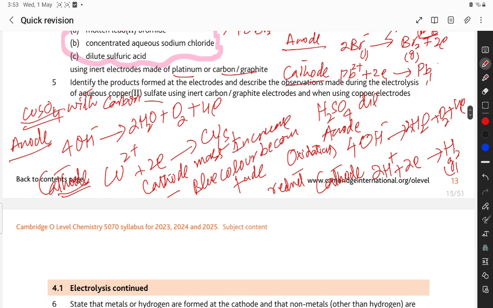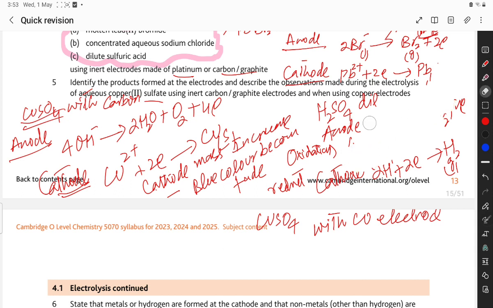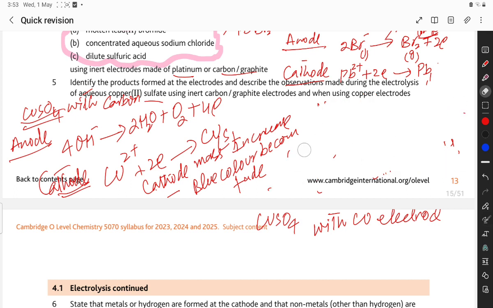And during using copper electrode, copper sulfate with copper electrode. This is the reaction at cathode, anode.